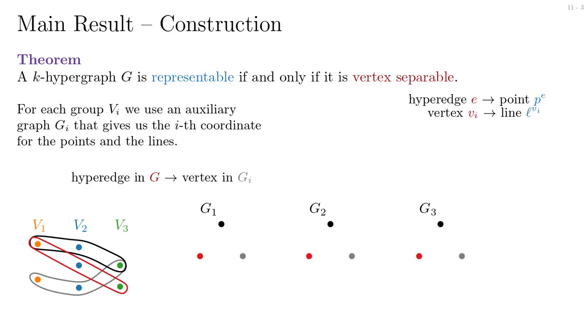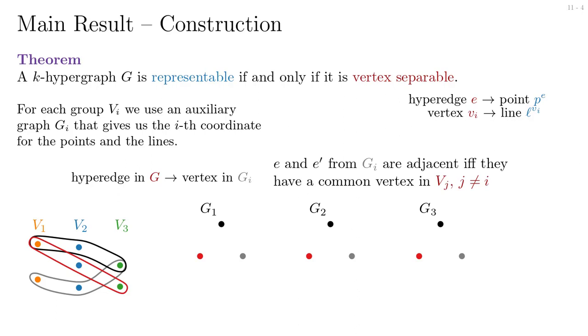Every hyperedge in the hypergraph becomes a vertex in every auxiliary graph Gi, and two vertices are adjacent if and only if they share a vertex not in Vi, in some other group. For example, in the first graph G1, the black and gray vertices are adjacent because the corresponding black and gray hyperedges share this green vertex.